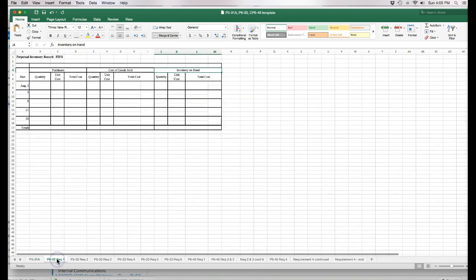So let's go on to P6-33, requirement 1. What we're doing here is we're going to be taking a look at how we determine and value our inventory. So what we're doing here is we're making believe we're a merchandising company. So let's think about Walmart, a retail store that all of us are familiar with. If you keep in mind that Walmart does not actually make their own products.